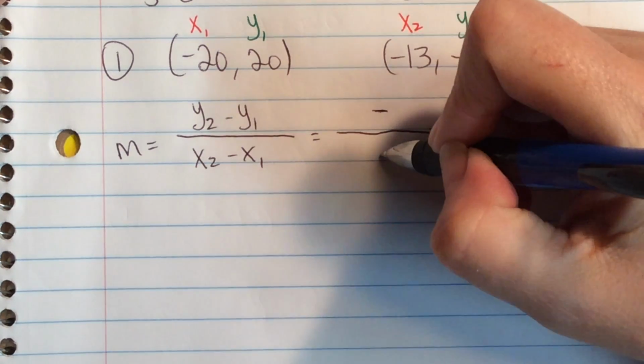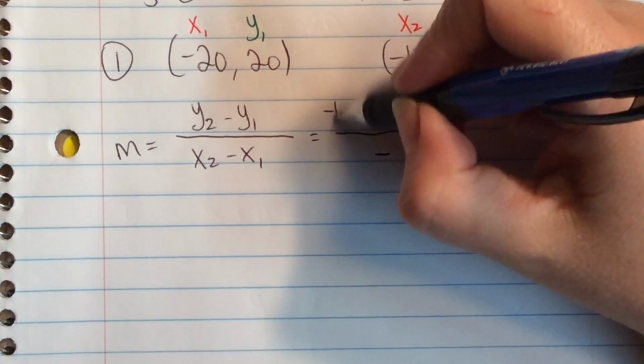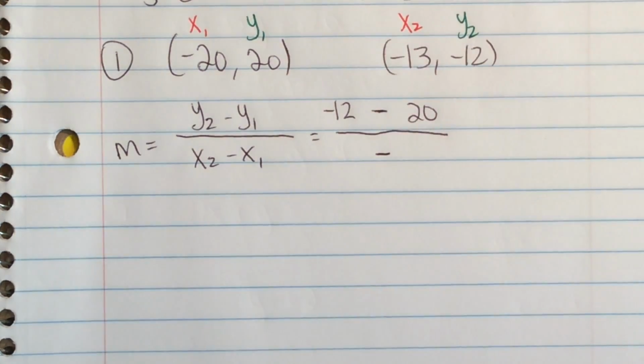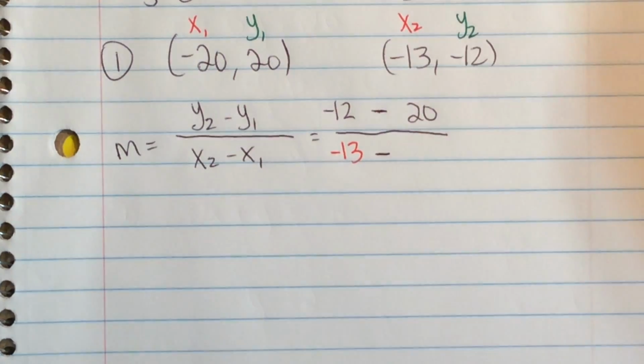So I got my subtraction. That's never going to change. So negative 12 minus 20. There's my top numbers. And I'll write my bottom ones in red. So negative 13 minus 20.